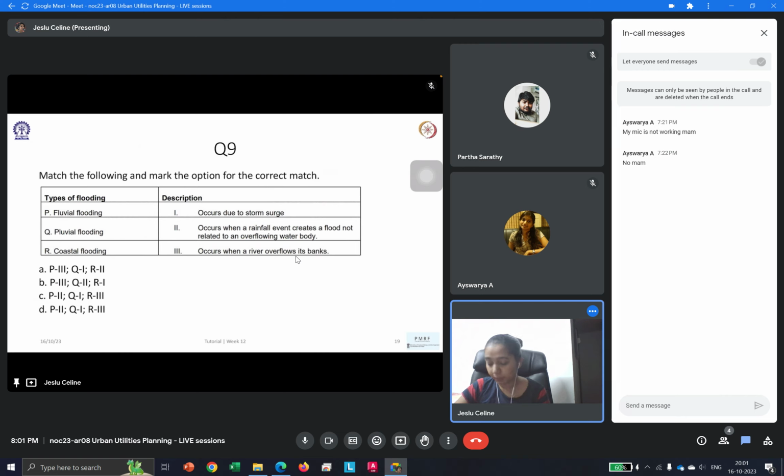So P, fluvial flooding. We have pluvial and coastal flooding. The options are: occurs due to storm surge; occurs when a rainfall event creates a flood not related to an overflowing water body; occurs when a river overflows its banks. Let's go to P, fluvial flooding. What is fluvial flooding?